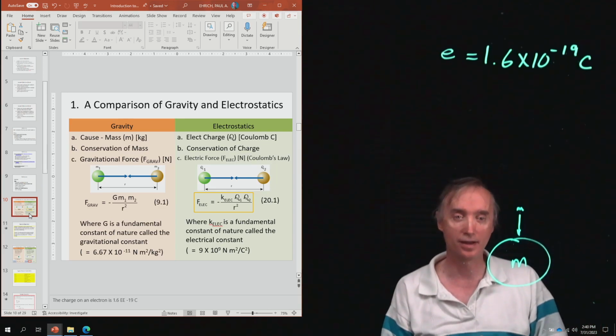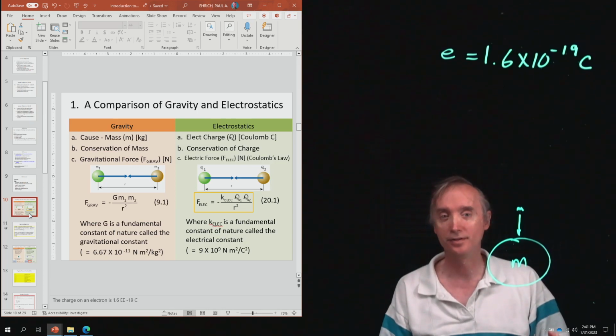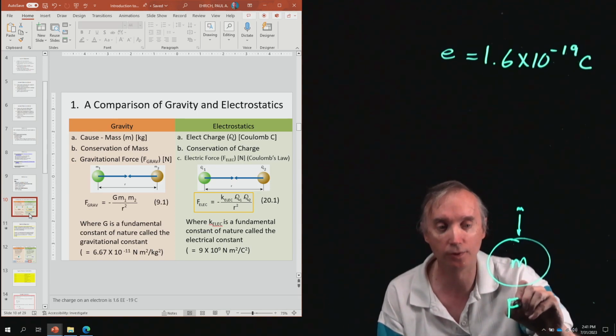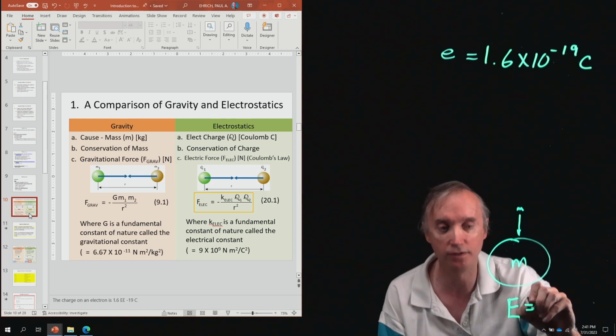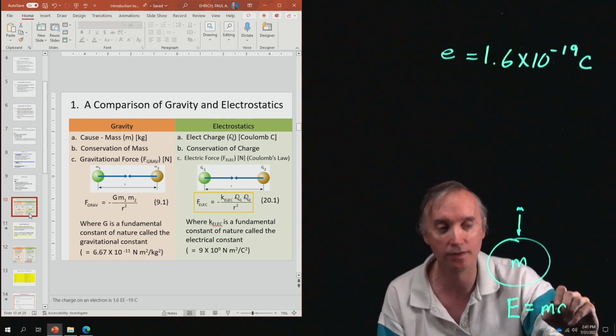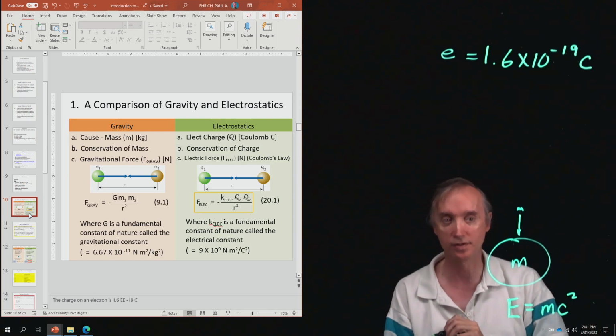Now, having said that, later in the videos, we're going to talk about nuclear processes, and we're going to talk about Albert Einstein. And one of the things that he came up with was a formula that related the total energy of a system to the mass of a system and then the speed of light of the system.